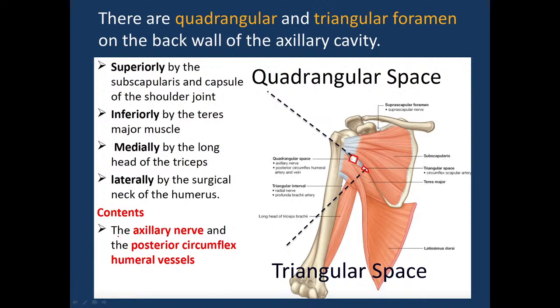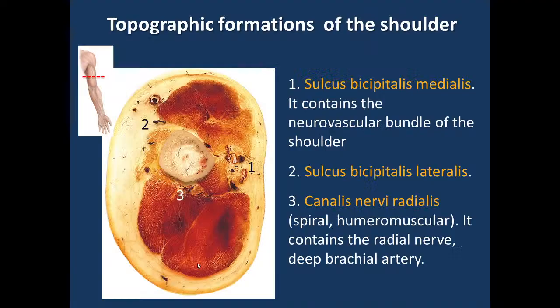They contain nerves and some blood vessels, and you should know these topographic formations because they help surgeons to operate correctly and not damage these very important nerves and vessels in the two foramina, the two spaces.